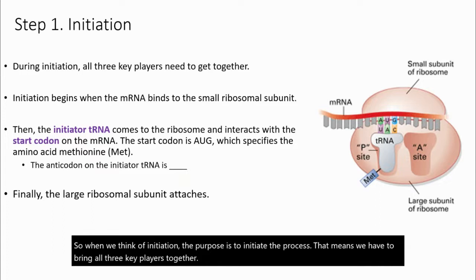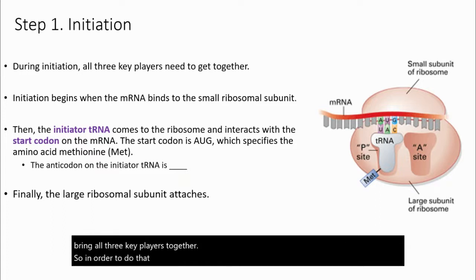So in order to do that, we're first going to have the small ribosomal subunit and the messenger RNA bind. Once that happens, you'll see the start codon over here.